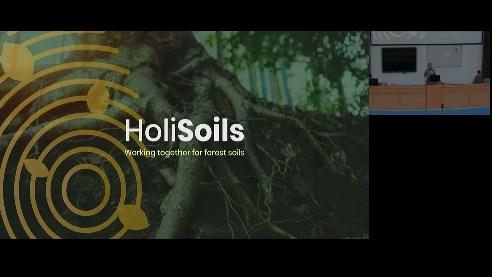So this project is really focused on forest soils. Why forest soils? Because we need to better understand what is happening in the soil, since soils store more than half of the carbon in European forests, so soils are quite important to explore.